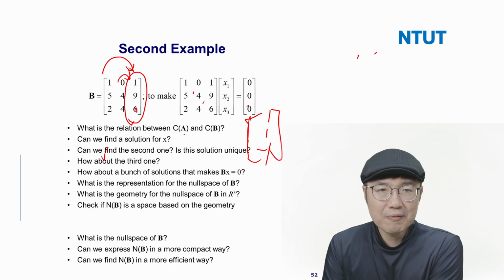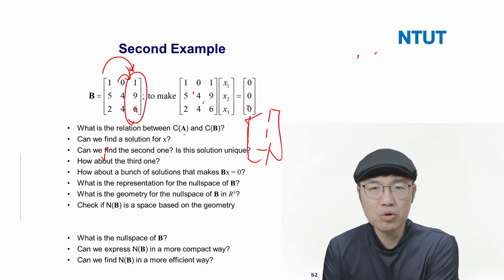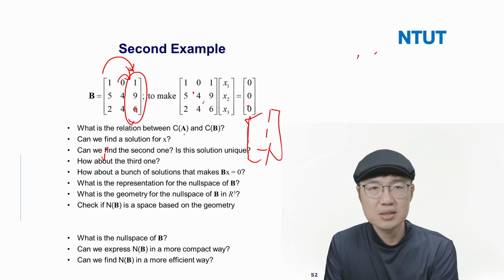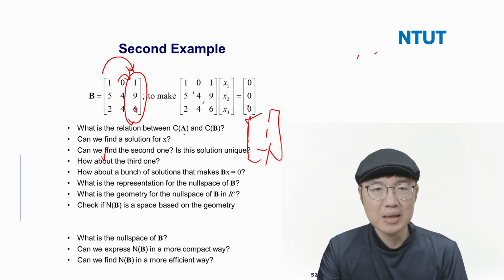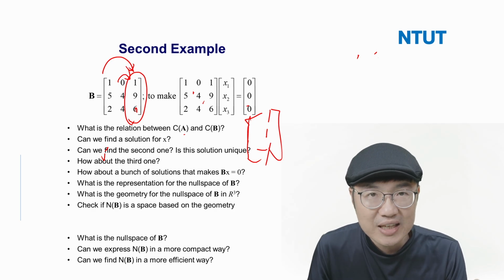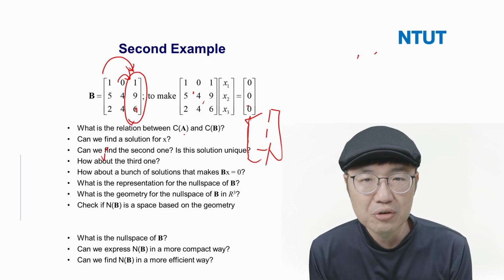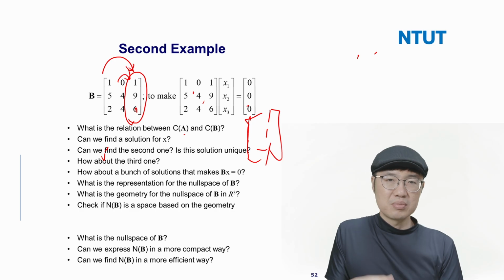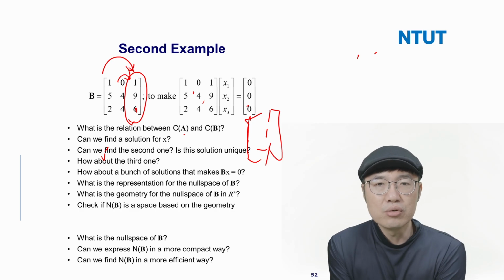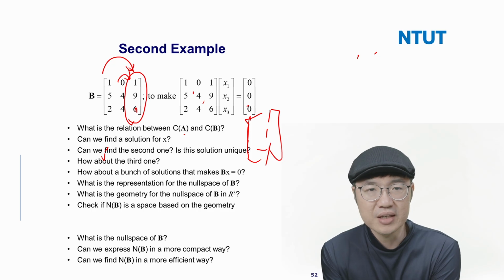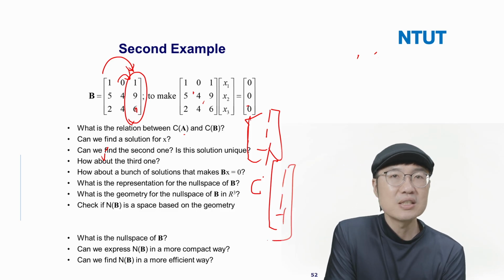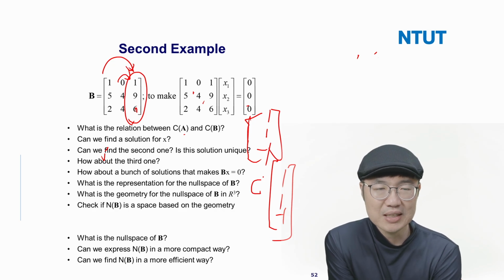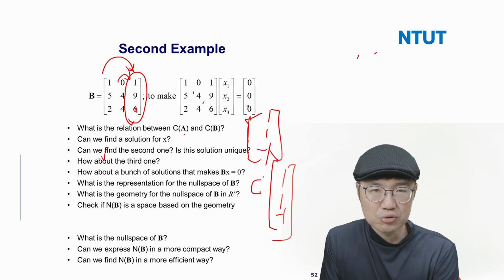Do we have only one vector in null space, or do we have more? Can we find a second null space solution? How about 2, 2, minus 2? If we simply multiply the first vector by any scalar, that would also be a null space solution. So you not only have a second solution, you have infinite numbers of solutions in the null space, because the null space is all the points along this vector. c times 1, 1, minus 1 would be your null space solution.